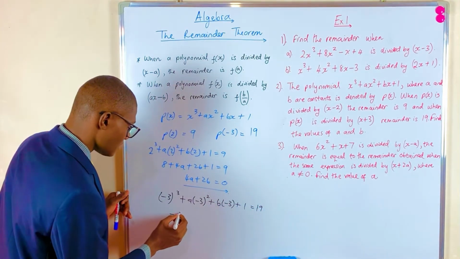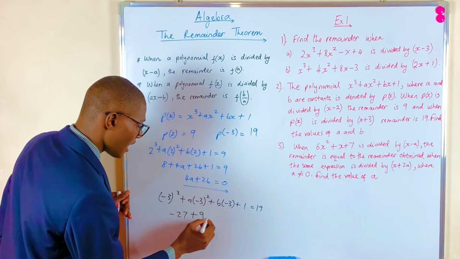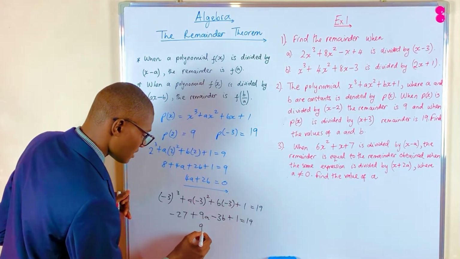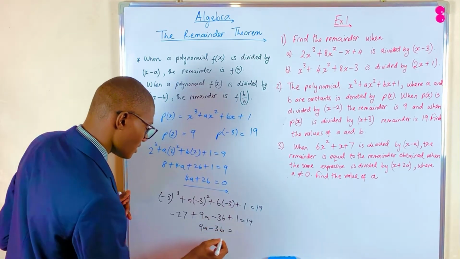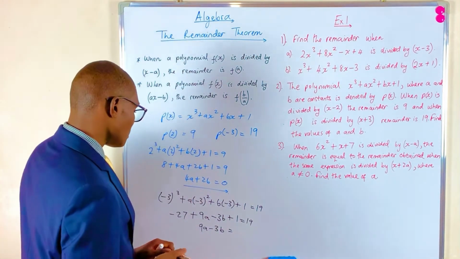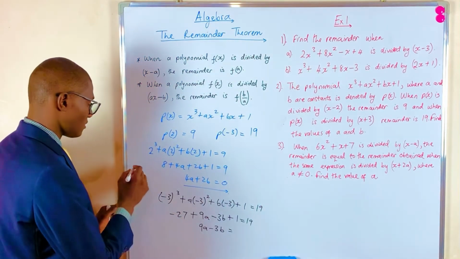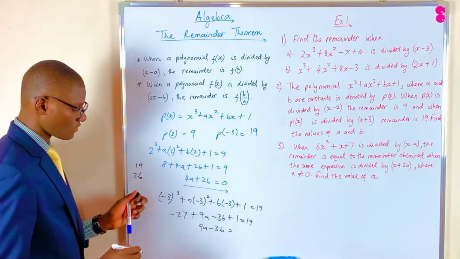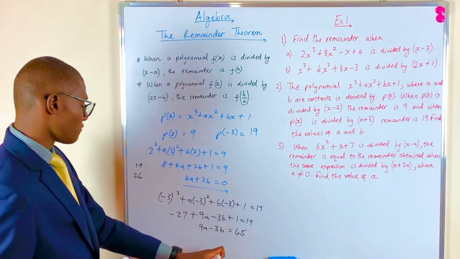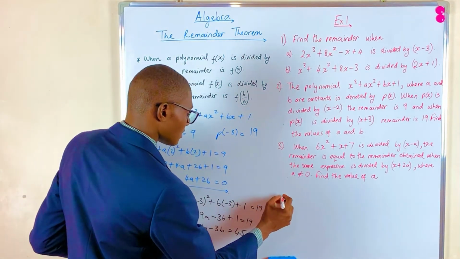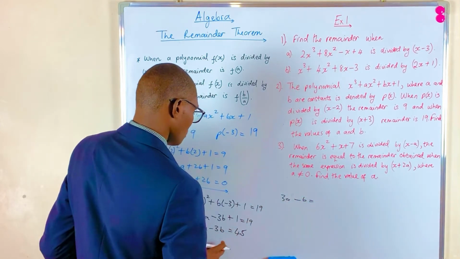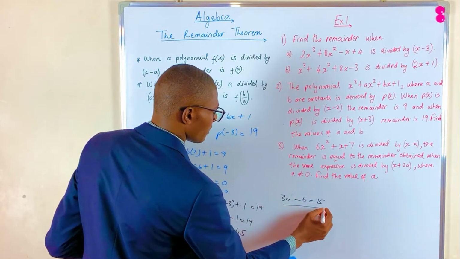And minus 27 plus 9a minus 3b plus 1 should give us 19, such that 9a minus 3b is equal to minus 26. 19 plus 26, this will give us 45. So this should be equal to 45. And of course, if we factor out 3, we get 3a minus b is equal to 15. So this is the second equation, right?